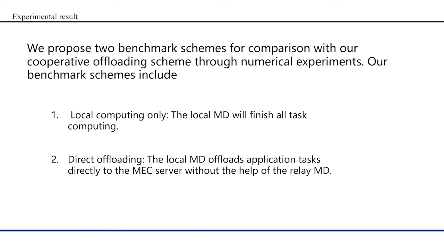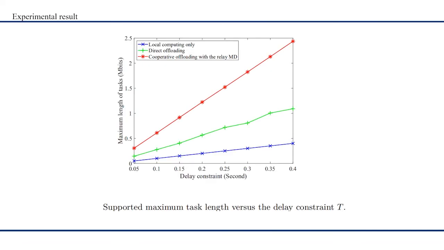This picture shows the relationship between the average supported maximum task length and the delay constraint. As the delay constraint increases, so does the maximum length of the corresponding computational task.